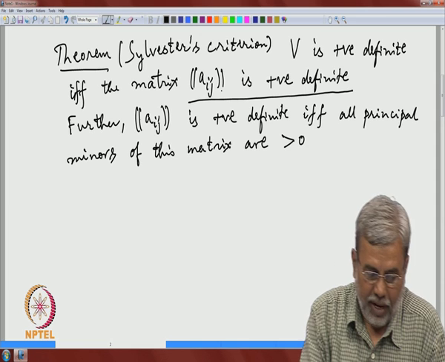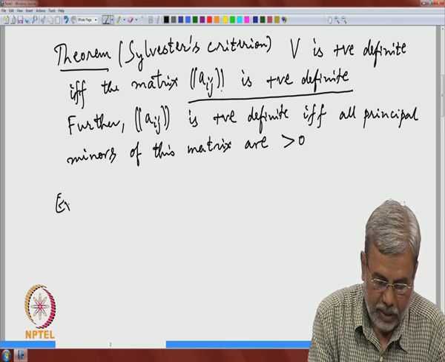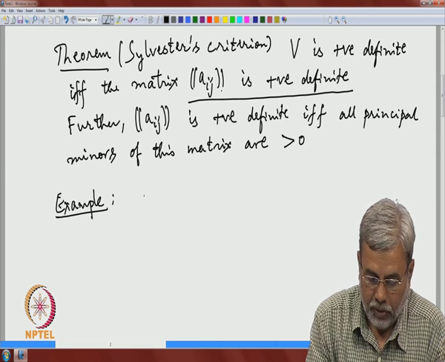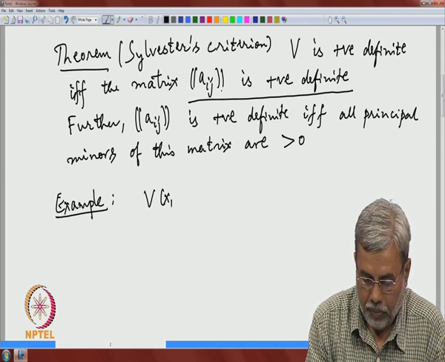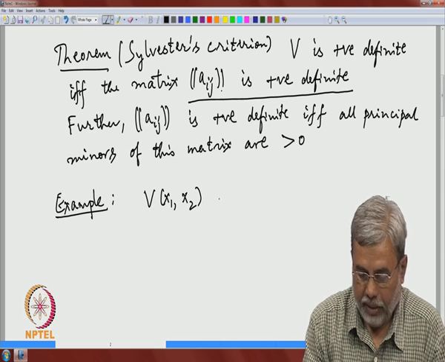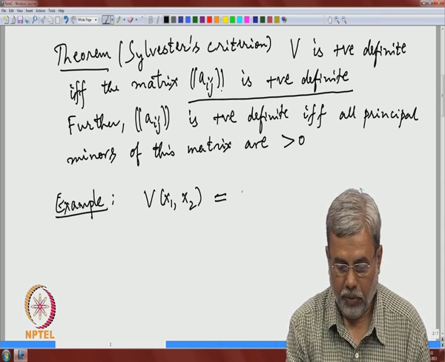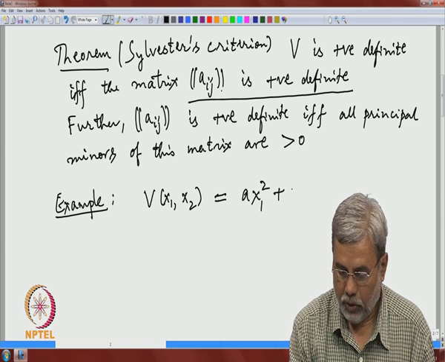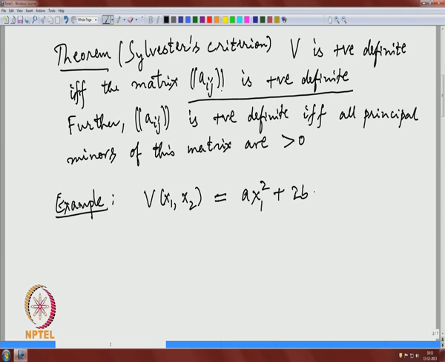So, let me just give an example here. What does this mean in two variables? Okay, so, n equal to 2, I am just taking that. Let me write V as A x1 squared plus 2 B x1 x2 plus C x2 squared; this 2 is only for convenience.